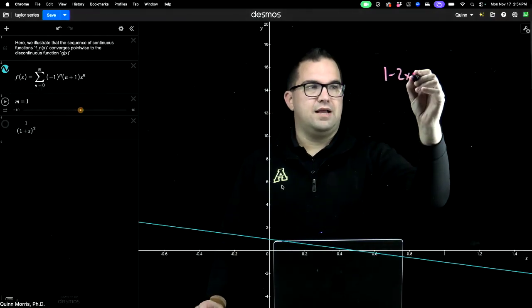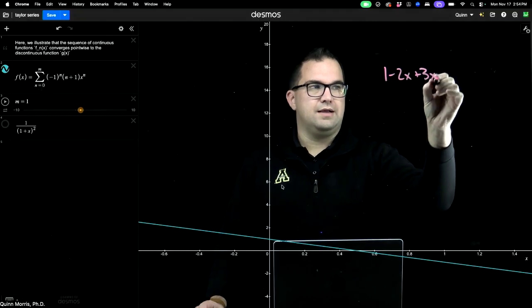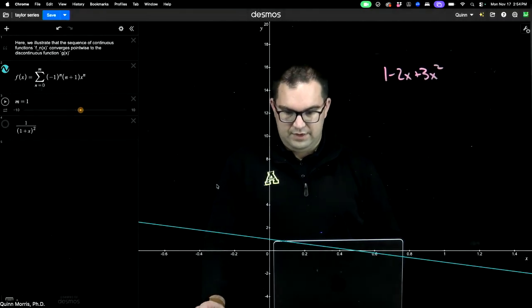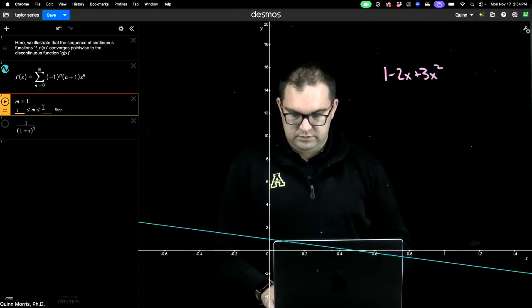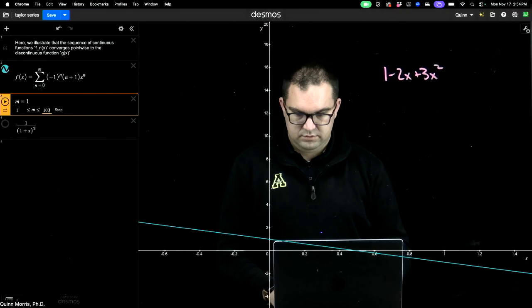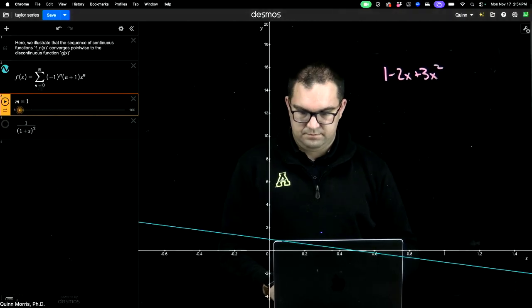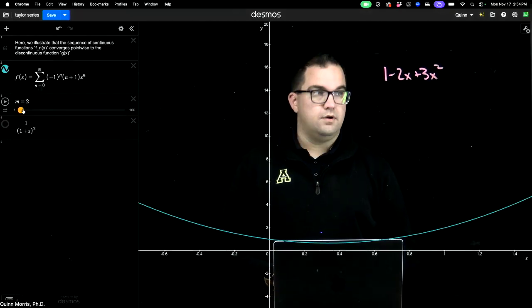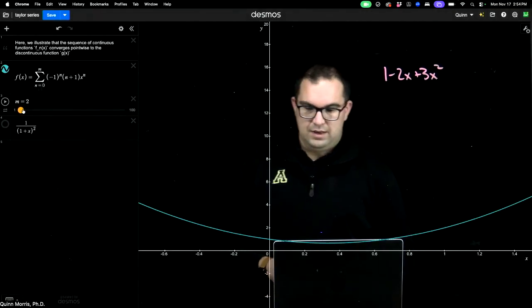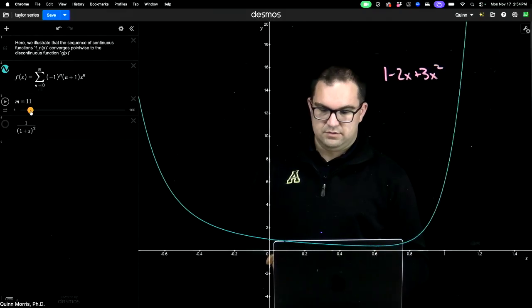And then if I add the next term, I'll get a plus 3x squared. If I increase this m, I just increase this by 1. All right, there's that function. And I can keep increasing this.